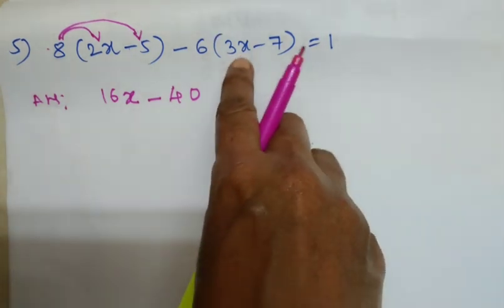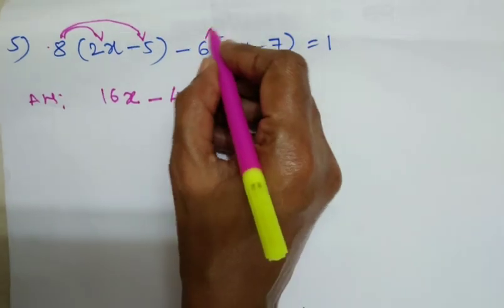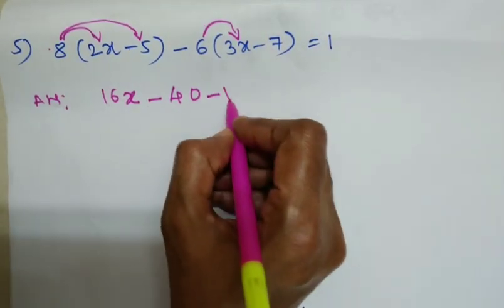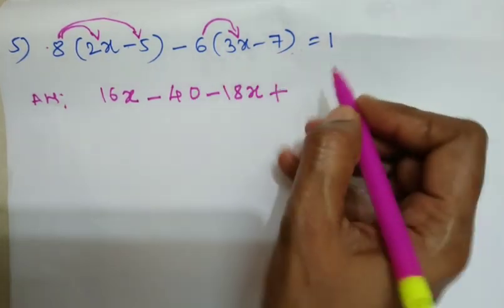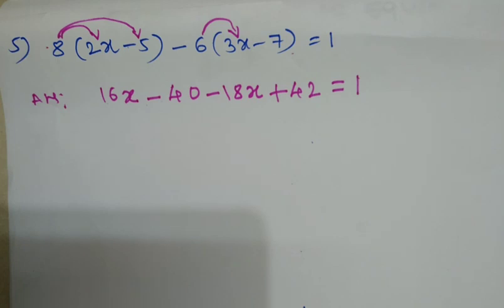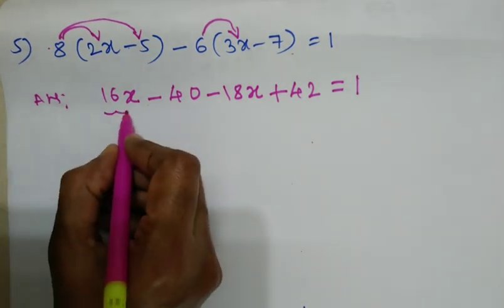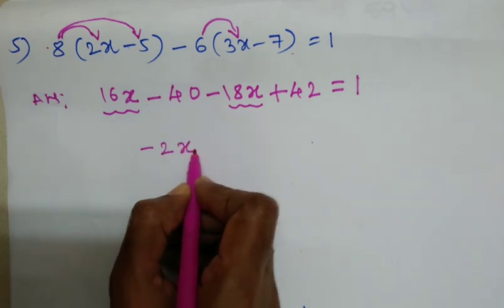Now multiply these two terms by minus 6. Now minus 6 into 3x is minus 18x. Minus into minus plus, 6 sevens are 42, is equal to 1. Correct? Now see, 16x minus 18x is minus 2x.